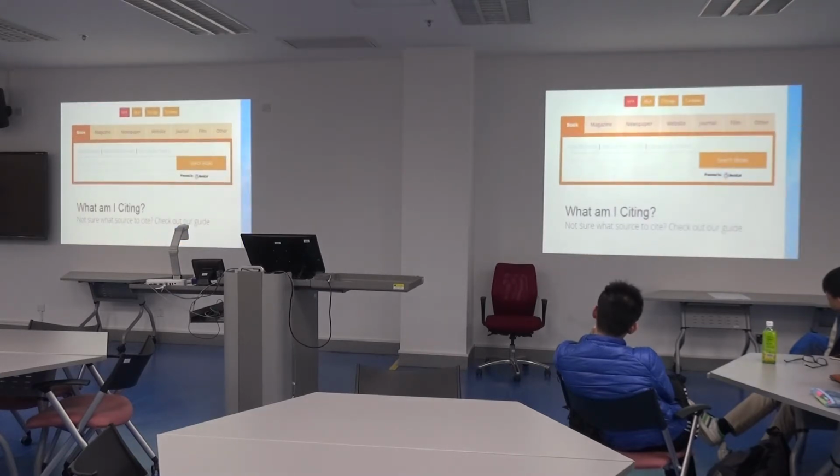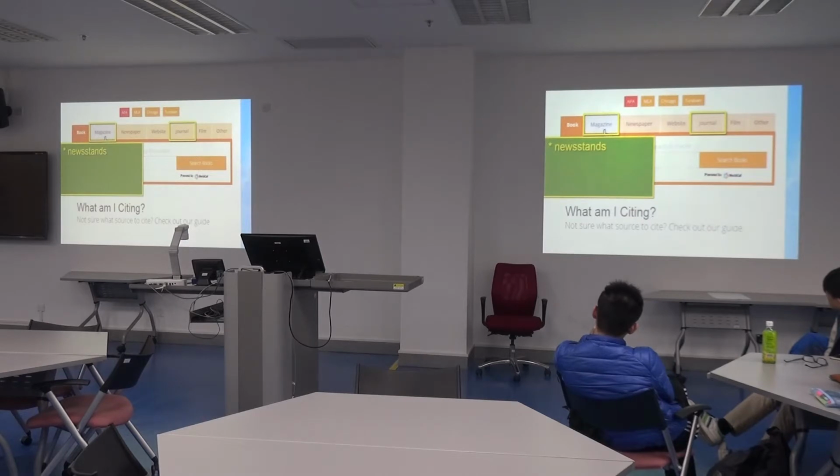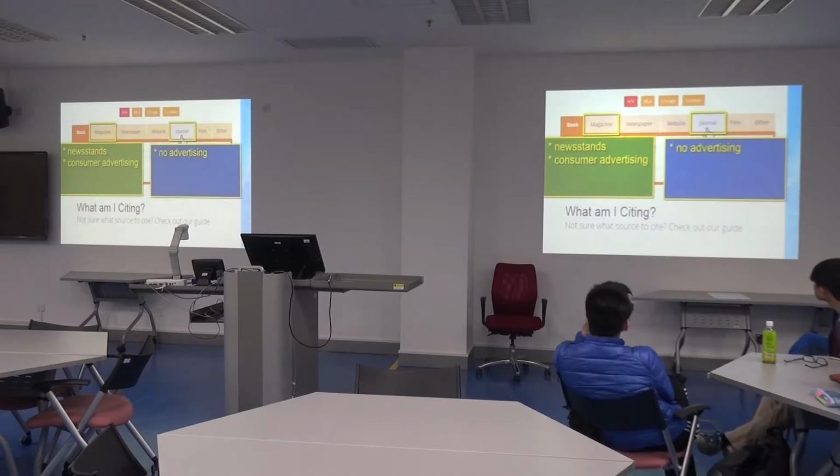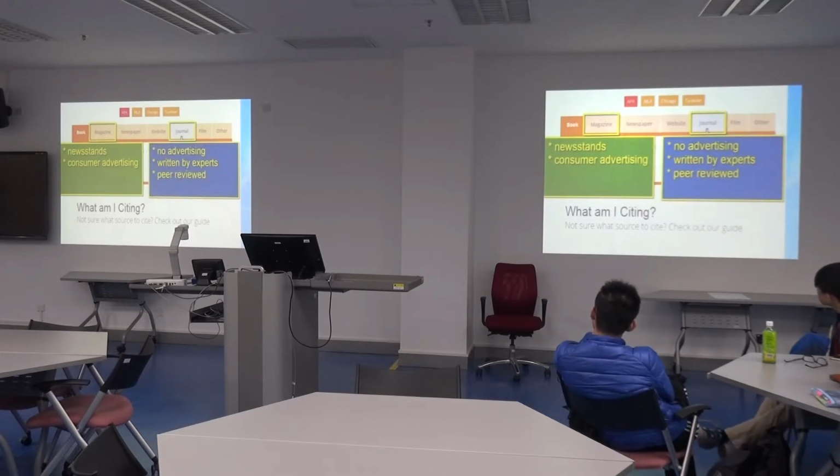All types are self-explanatory except maybe the difference between a magazine and a journal. A magazine is usually sold on newsstands and contains consumer advertising. However, a journal does not contain consumer advertising and is written by experts whose submissions are reviewed by experts in a process called peer review.